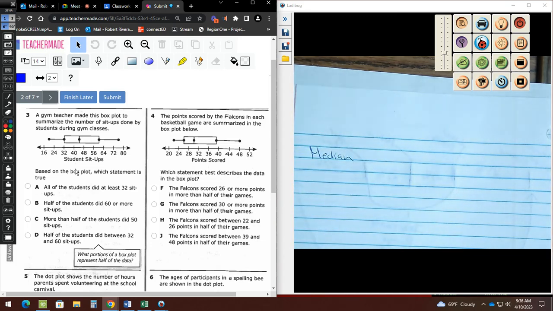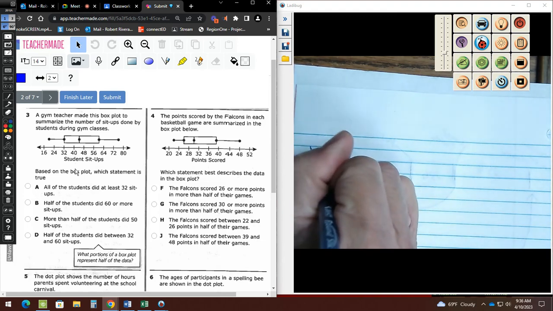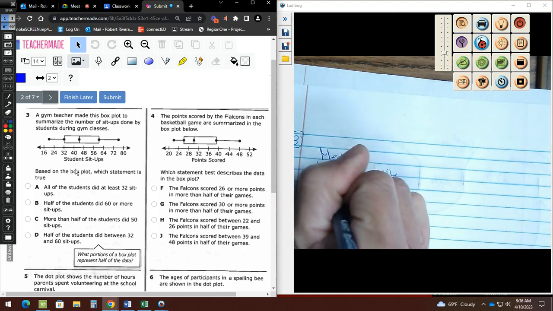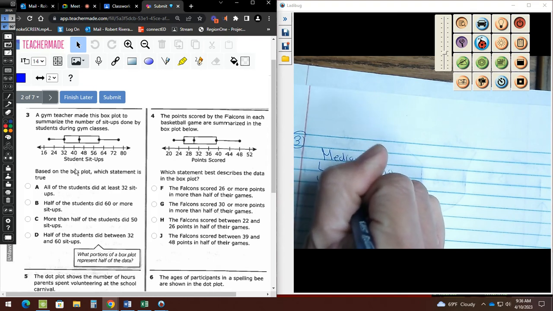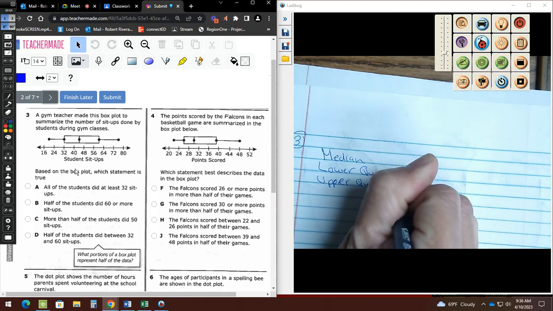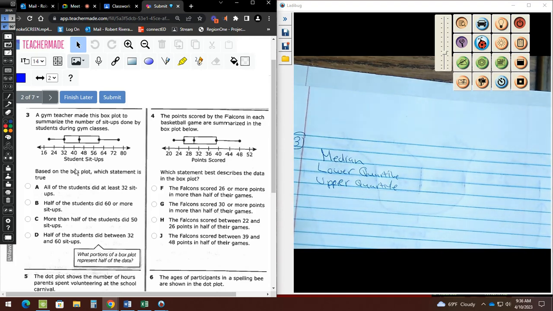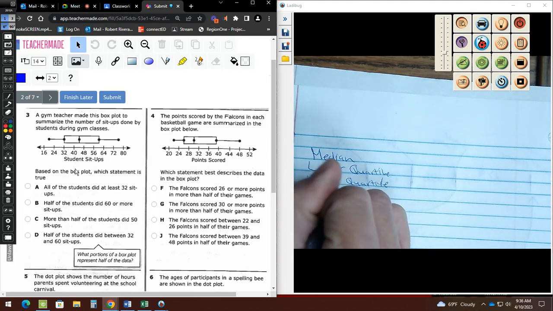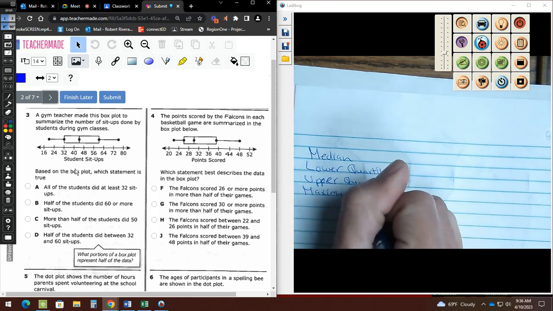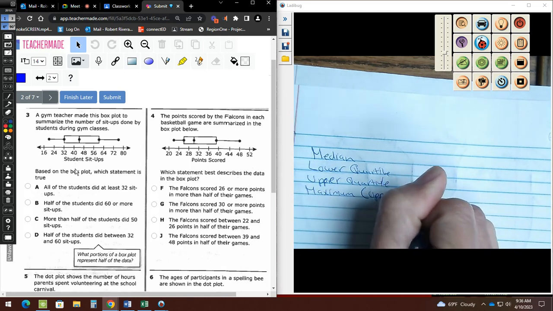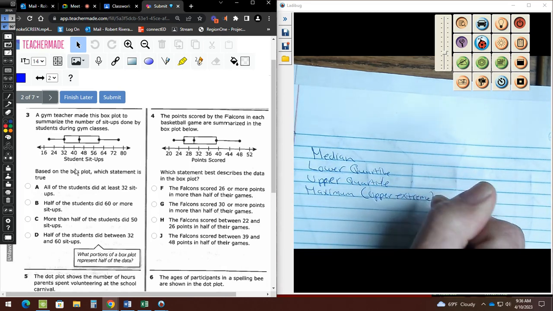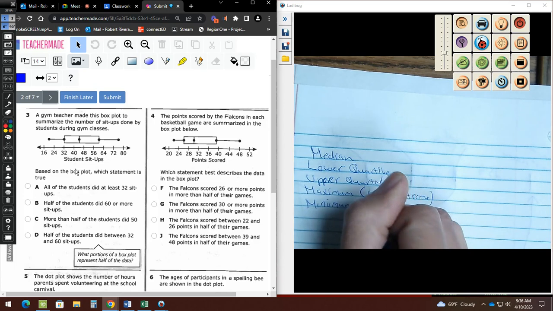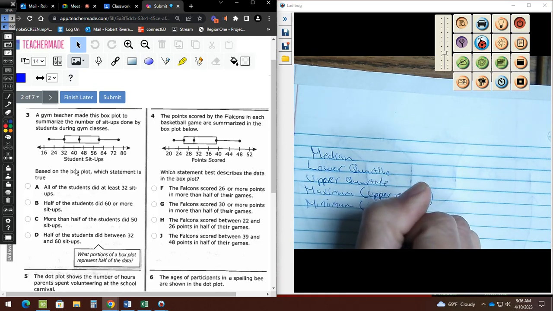As soon as they give me a box plot, I'm gonna write median, lower quartile, upper quartile, the maximum, which is also called the upper extreme, and the more we write it, the more it stays in my head. The minimum, what is the minimum called? Lower extreme.